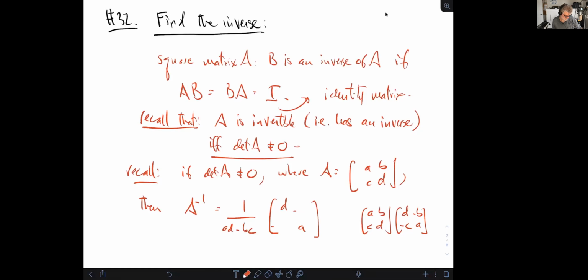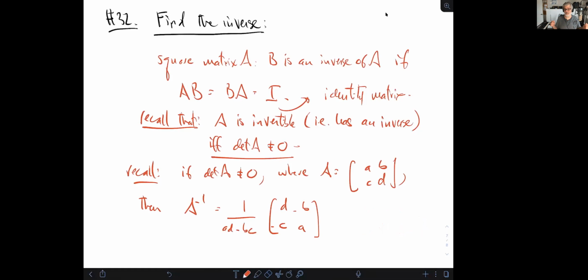What? Yes, this is correct. There we go. That's the one. Okay, so this is the formula for the inverse.